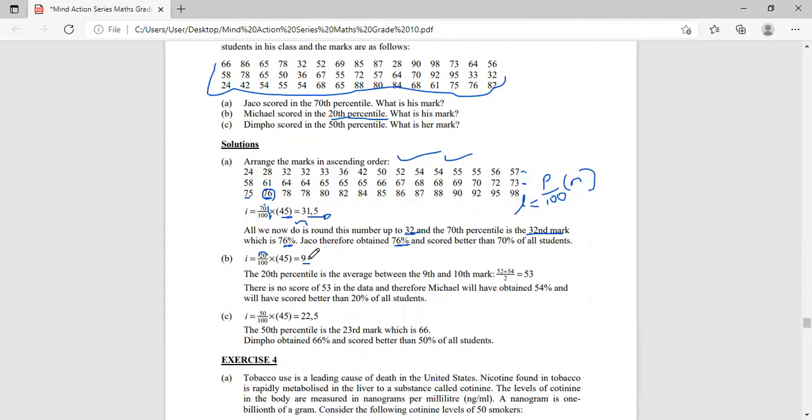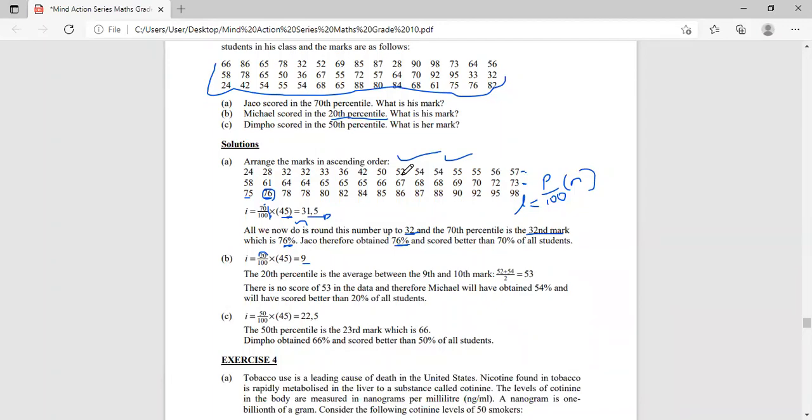If it's in the 9th, the 20th percentile is the average between the 9th and the 10th. So it's 1, 2, 3, 4, 5, 6, 7, 8, 9.